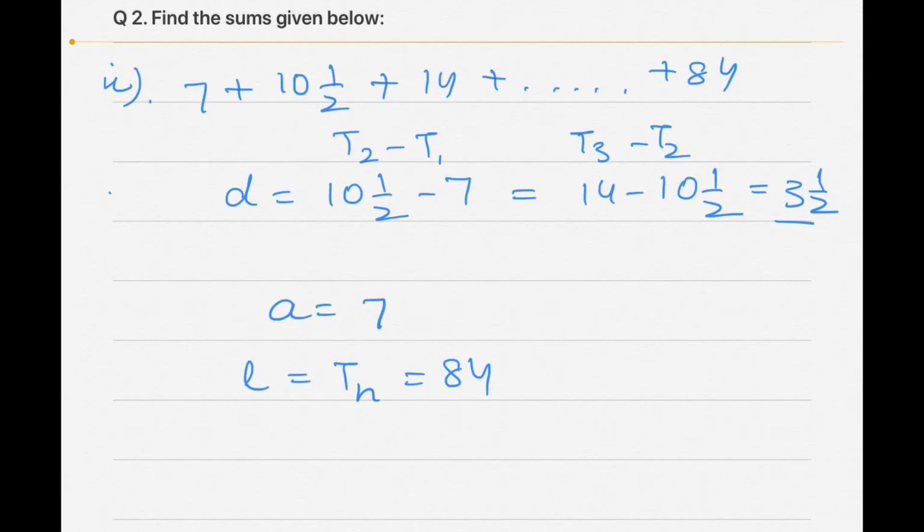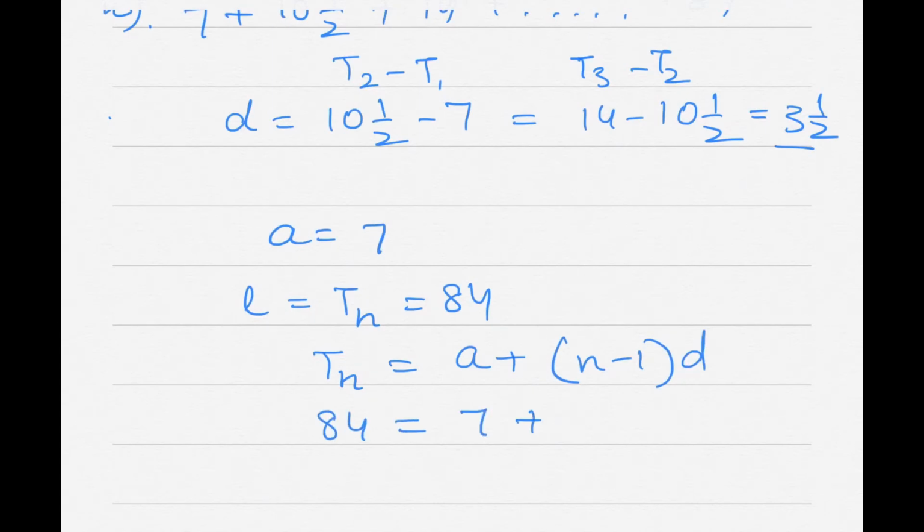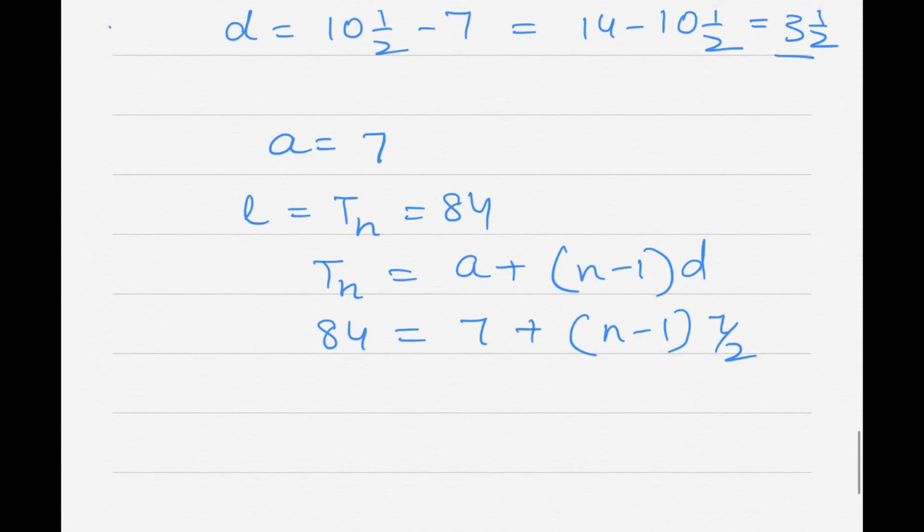I think you know this formula, A plus L, but definitely we need n. So I have to find n. The Tn formula we know: A plus n minus 1 into D. So Tn is equal to 84, which is equal to 7 plus n minus 1 times D, and D is 3.5, or I can write 7/2.